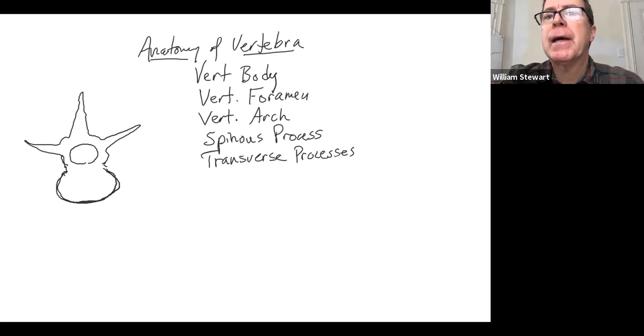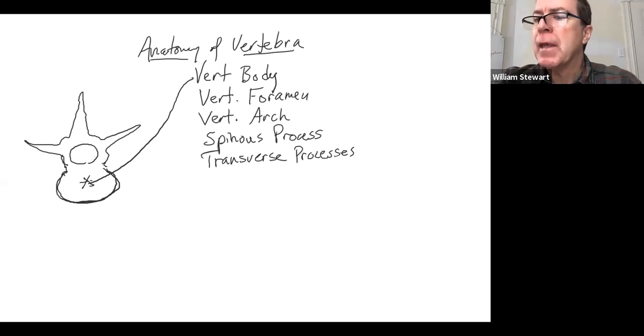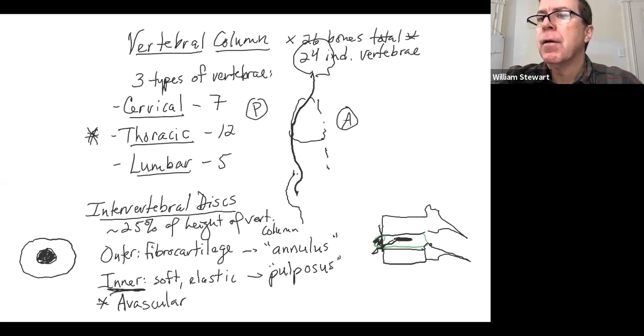Nevertheless, the vertebral body is this solid portion right here. This is solid bone. And that would be, going back to my previous picture, that would be this part right here that the intervertebral disc is between. So I'm coloring in the vertebral body portion.